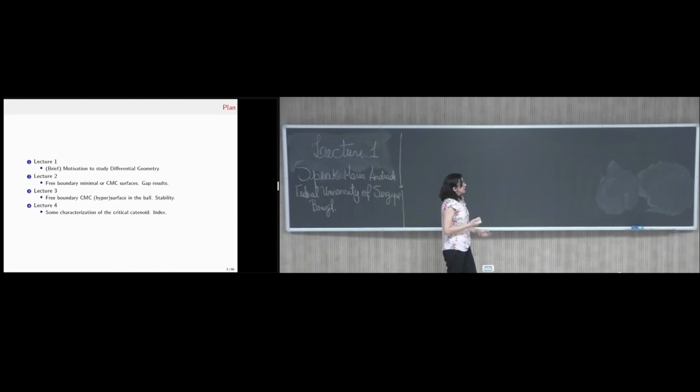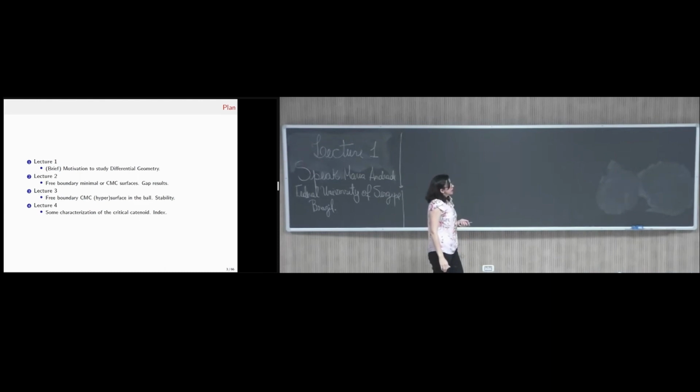And in the last lecture I will talk about free boundary CMC hypersurfaces in the ball, especially stability. And the last one, I will talk about some characterization of the critical catenoid, especially index and some results about the Steklov eigenvalue problem. Okay, this is my plan for our course.